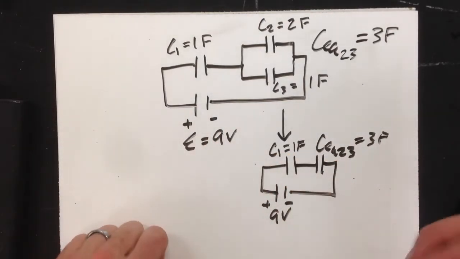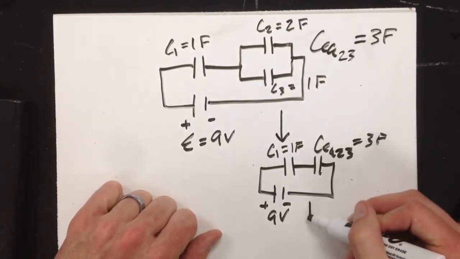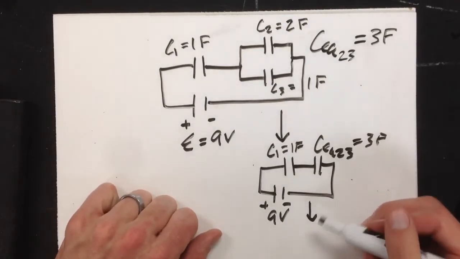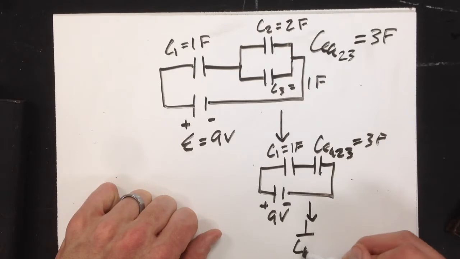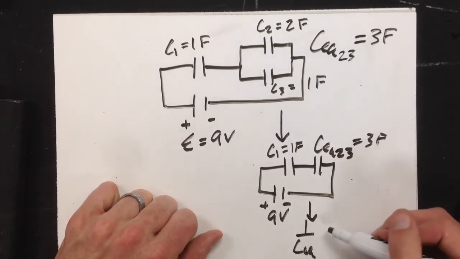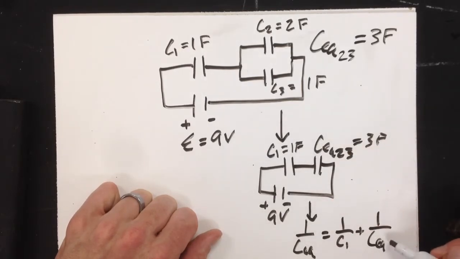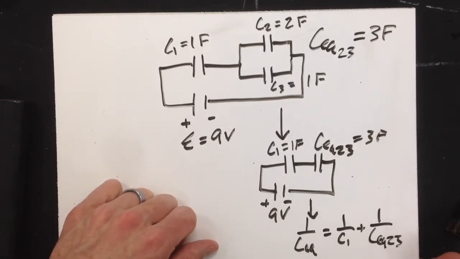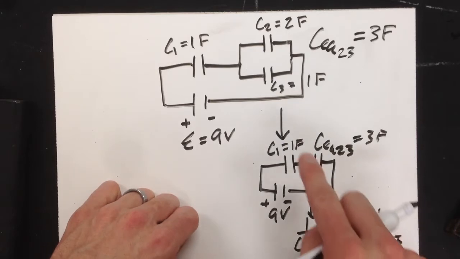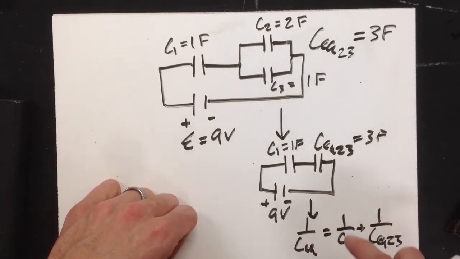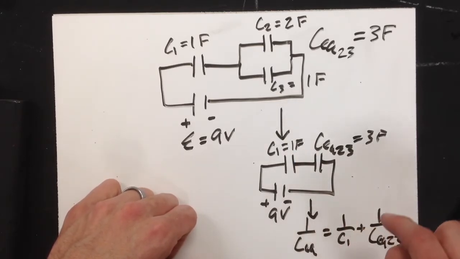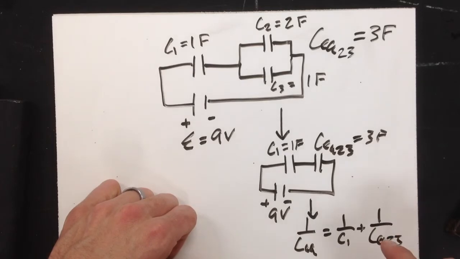When they are in series, 1 over C equivalent is going to equal 1 over C1 plus 1 over the capacitance here, which is C equivalent of capacitors 2 and 3. Well, 1 over C1 is just going to be 1. So I've got 1 plus 1 over 3.